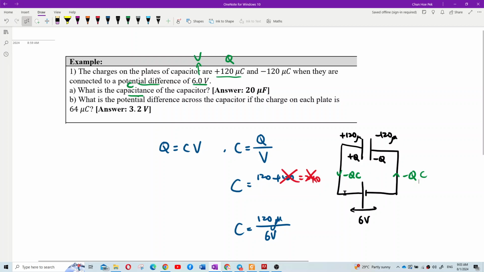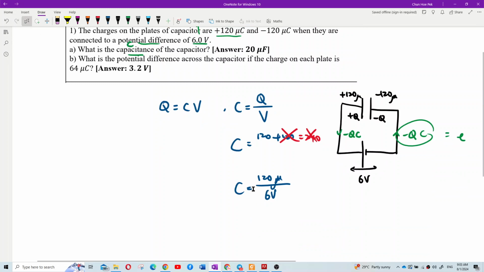So the flow of electron is just Q coulomb, not 2Q. Q coulomb of charge is being pulled from this plate and then stored on the other plate. So the charge flow is only Q coulomb, not 2Q.